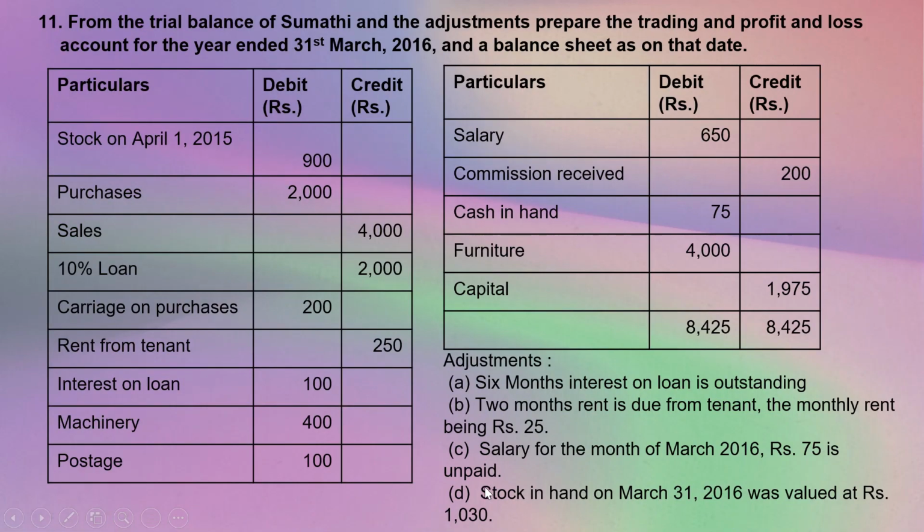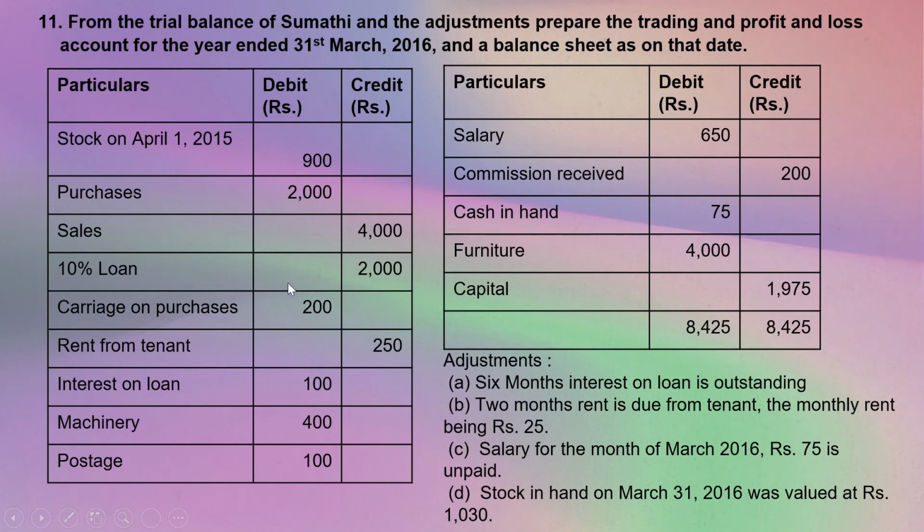Now the last sum is, here they have asked you to prepare trading and profit and loss account and balance sheet. So now see here, 6 months interest on loan is outstanding. So interest on loan, okay, you have to see loan is there. Here percentage will be given, so you have to find out. 2000 into 10% is 200.